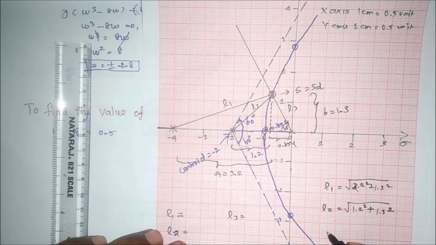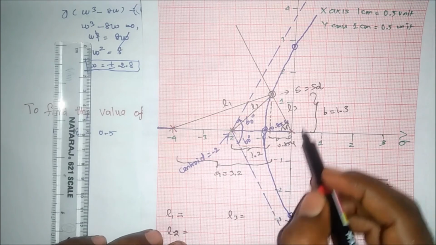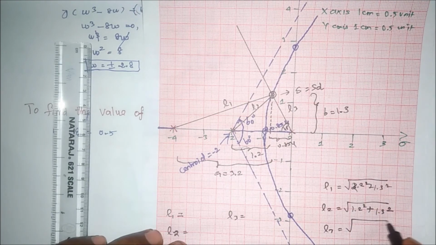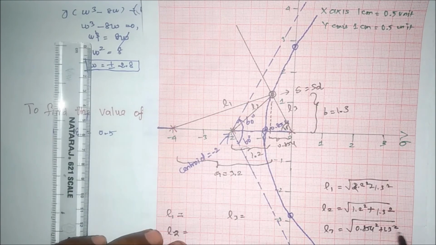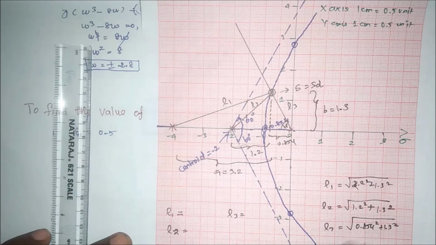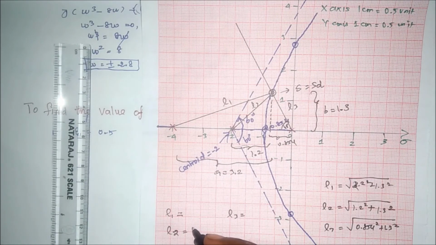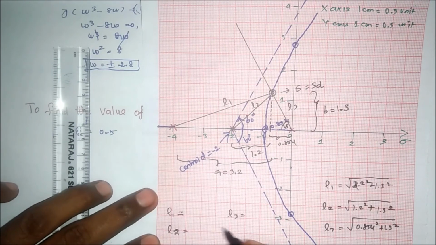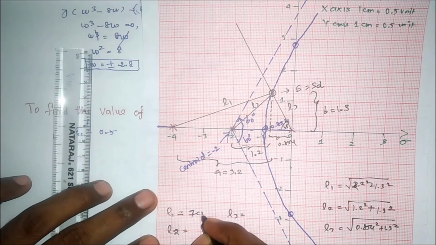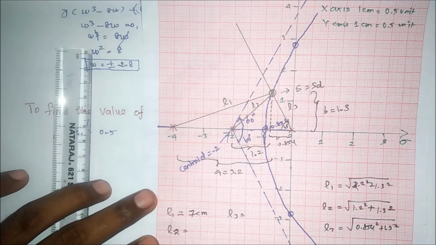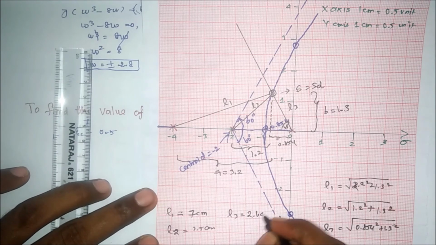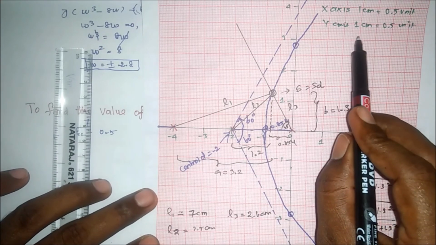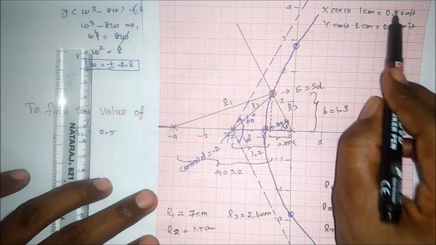So now L3 equal to, for this right angle triangle, opposite side is 1.3. Therefore, adjacent side is 0.854 square plus 1.3 square. So now, from this, if we calculate, we will get L1 equal to 7 centimeter, L2 equal to 3.5 centimeter, L3 equal to 2.5 centimeter. So now we know from the axis 1 centimeter equal to 0.5 unit.